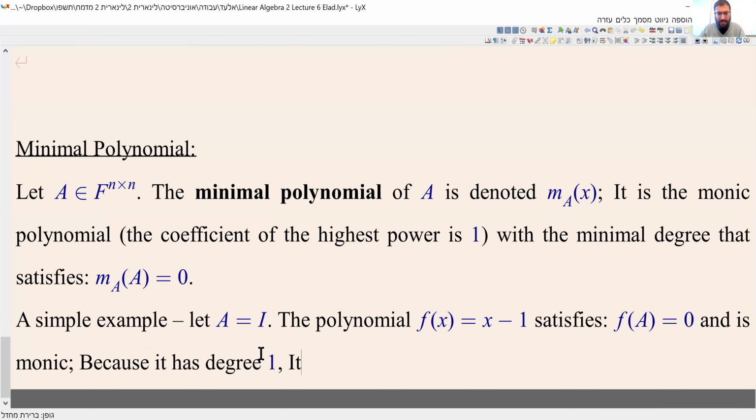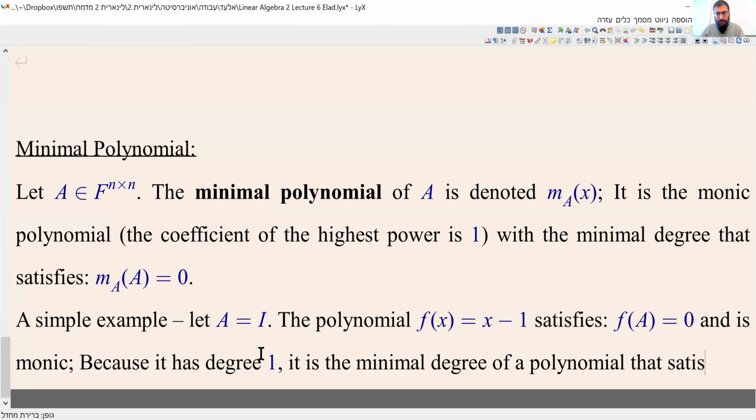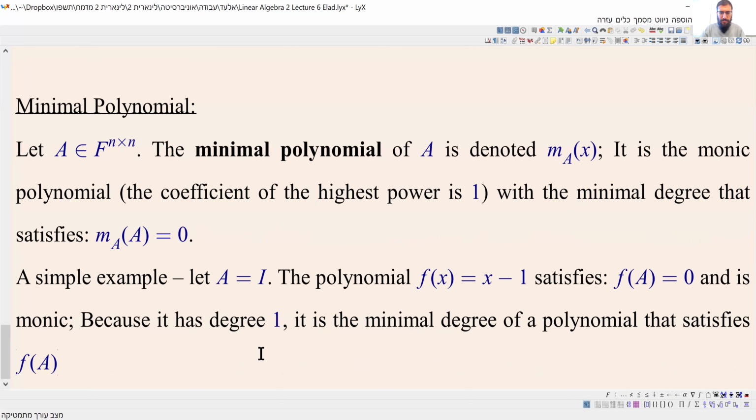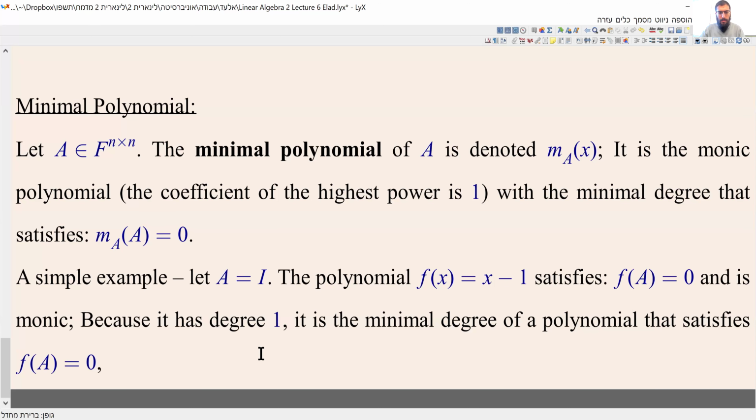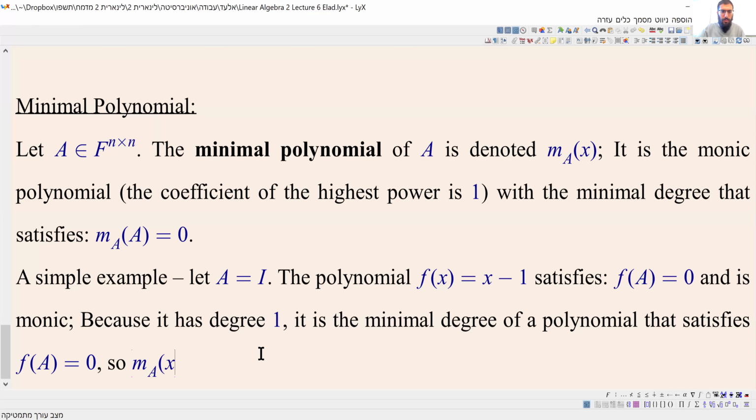Yes, it is the minimal degree of a polynomial that satisfies it, if A is I. So conclusion, the minimal polynomial, the one with the minimal degree that zeroing A, is x minus 1.